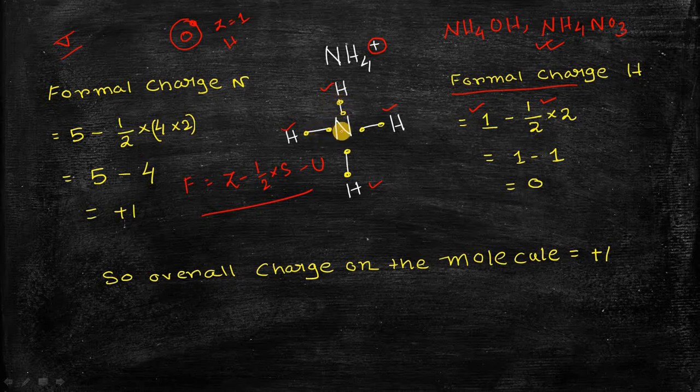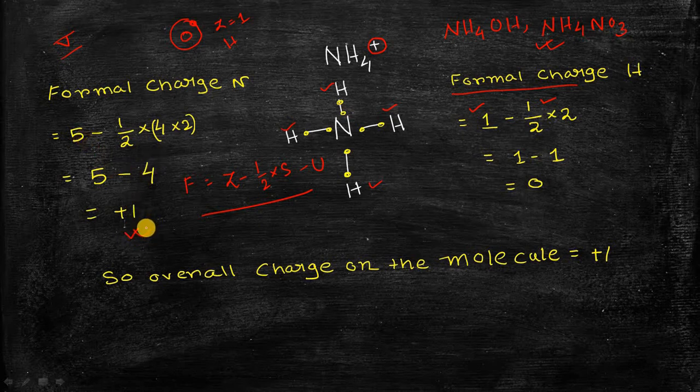So the total number of bonding electrons is 8, and we take half of the 8, so the number of shared electrons is half into 4 into 2, that is 4. There is no unshared electron, so the third part will not be there. So the formal charge of nitrogen is equal to 5 minus 4, which is equal to plus 1.